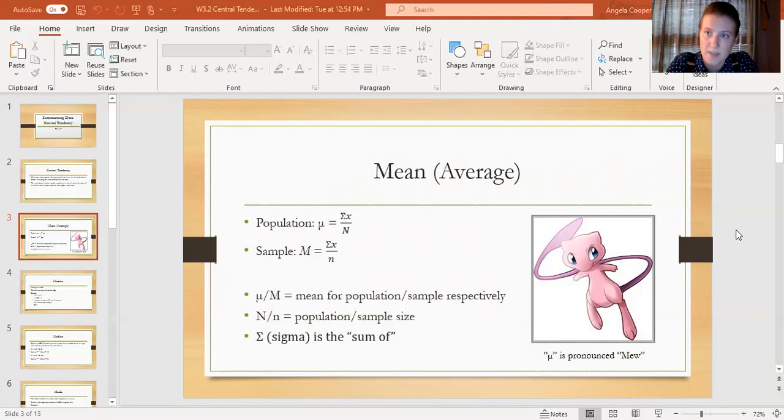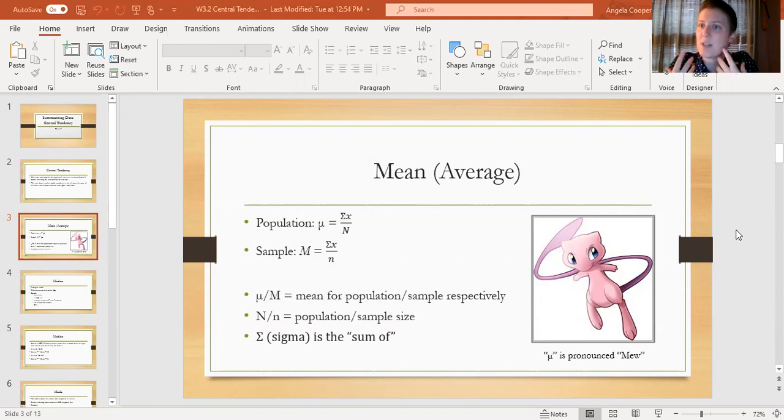These formulas that I have here are saying that exact same thing, but in proper equation form. We have two different formulas for finding the population mean and finding the sample mean.